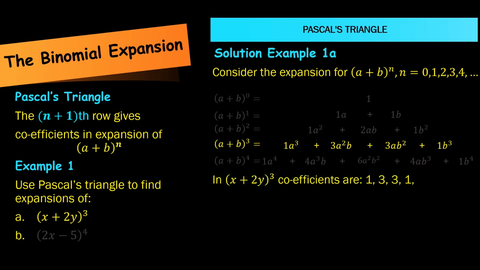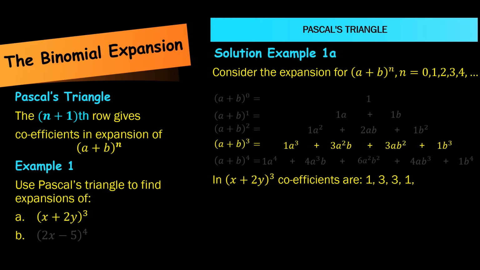So let's solve example 1a first. We're looking at the expansion of (x + 2y) all raised to the power 3, so we're going to concentrate on the fourth row. If we expand (a + b) all raised to the power 3, we obtain the values you can see on your screen in the fourth row.